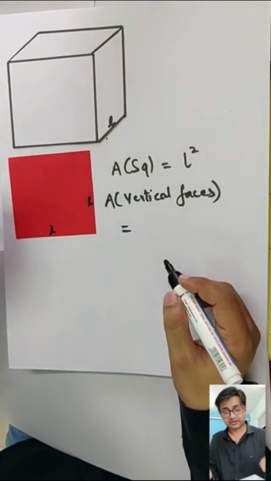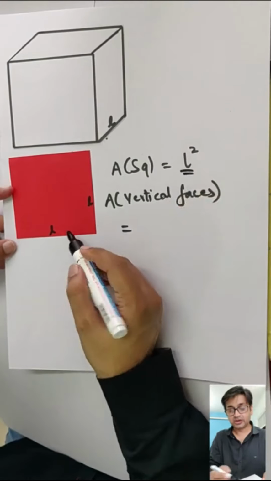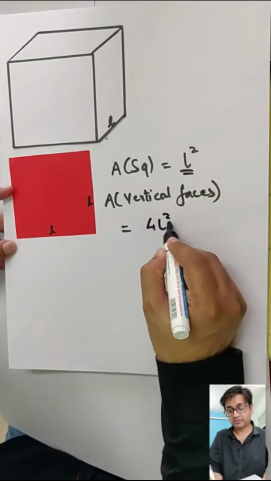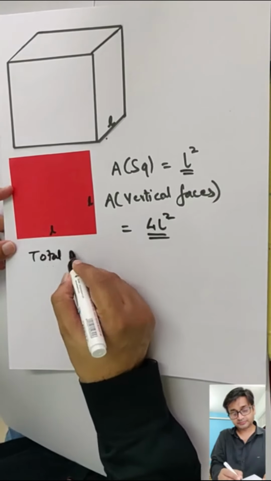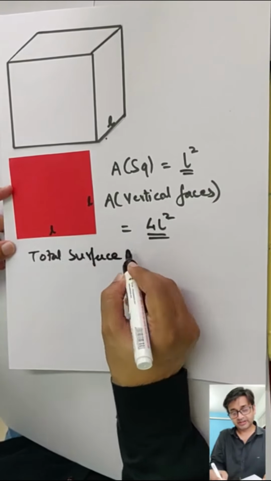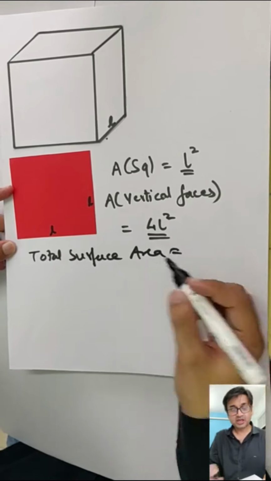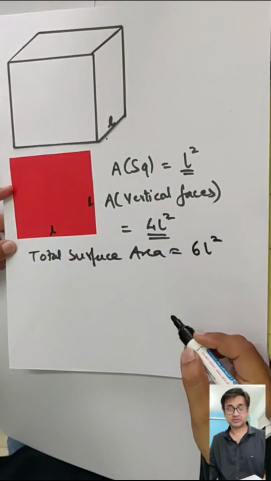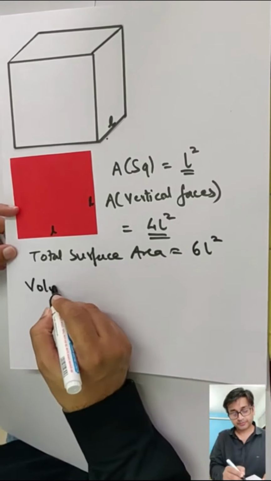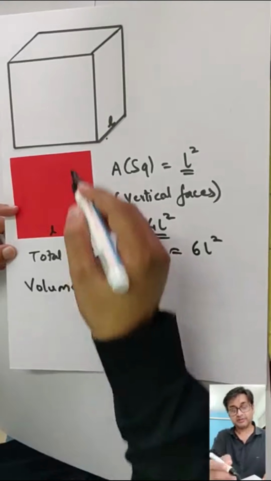This is a horizontal face, alright. So one face is L square, so 4 faces will be 4L square, right? Likewise total surface area will be all faces. So one square, like that 6 squares we said, therefore 6L square.